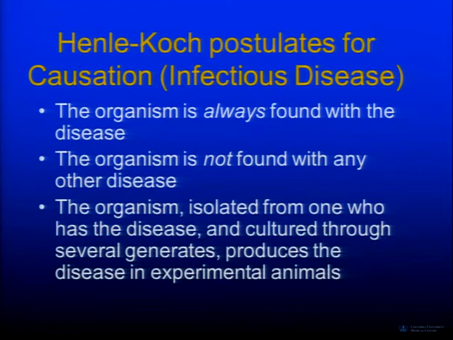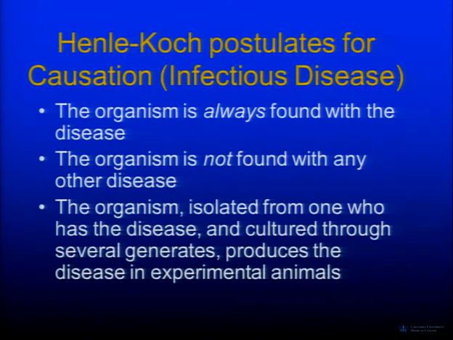Now, there are ways in the past that people tried to come up with for determining whether or not something caused a disease. And the first criteria were the Henle-Koch postulates, and these were for causation. This was all on the basis of infectious disease, and this is a long time ago, before they really knew what organisms existed or how to actually label them.